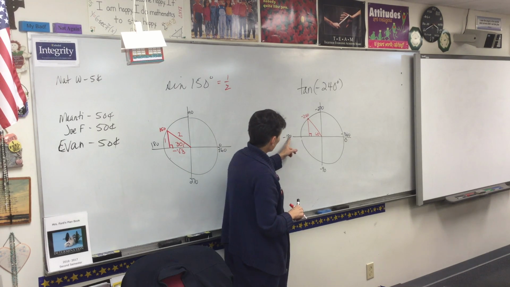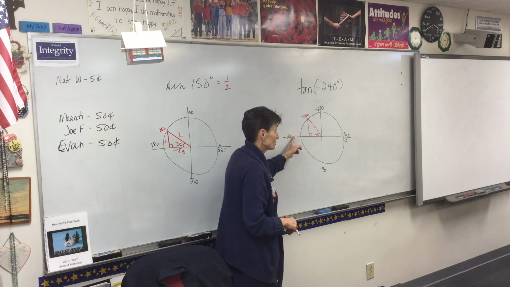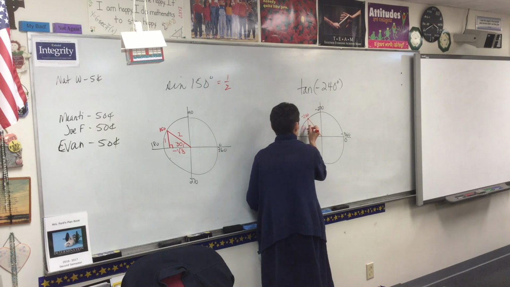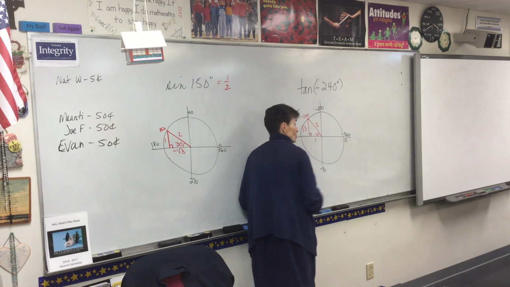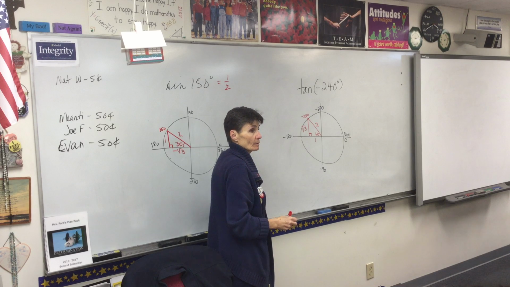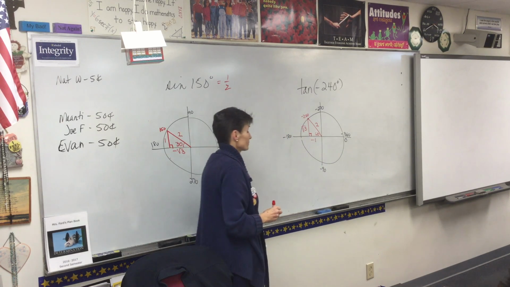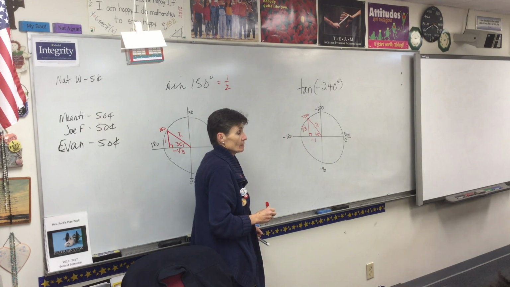Look at that. If that's 180 and that's 240, how many degrees did we have to go? 60. So this is root 3, this is 1, and this is 2. Is anything negative? The 1 is negative. Now I want the tangent.